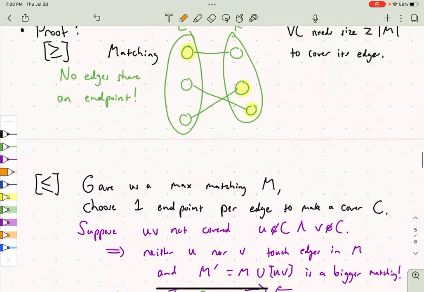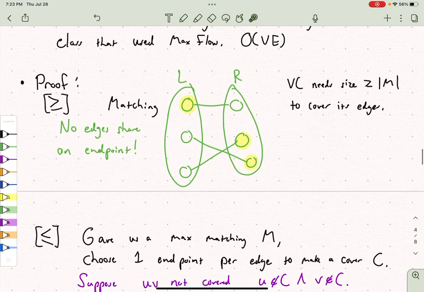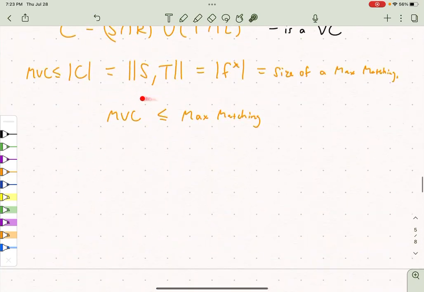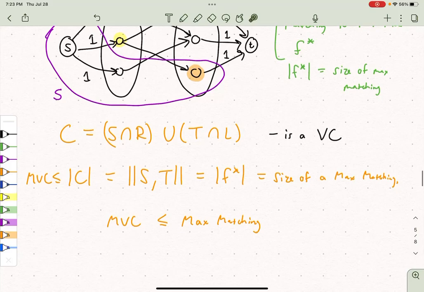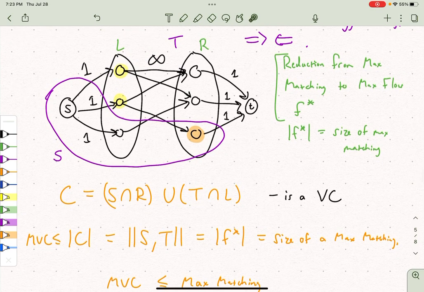And so the size of a min vertex cover is both at least the size of a max matching, and it's also at most, and so they're equal. So that will prove the claim. But first, there's this one detail where I claim it's a vertex cover, but we didn't prove that.